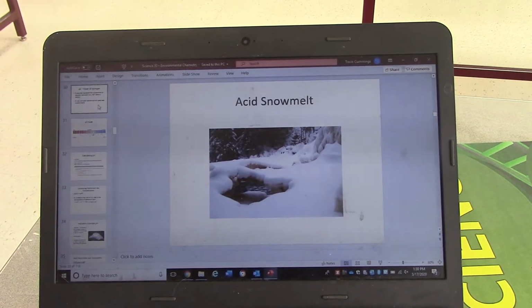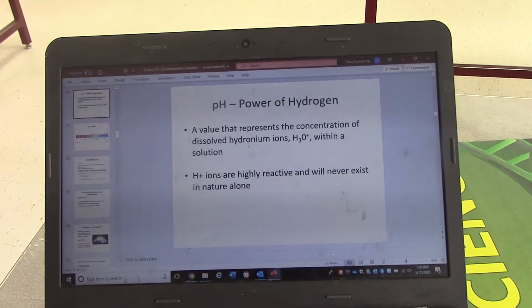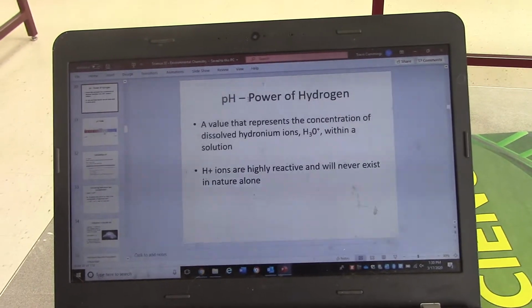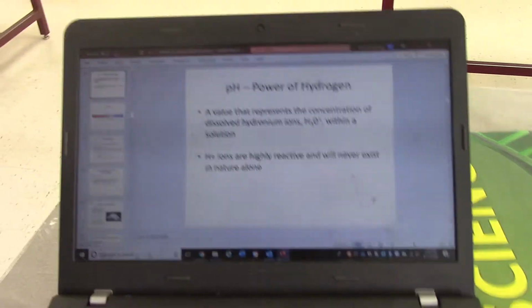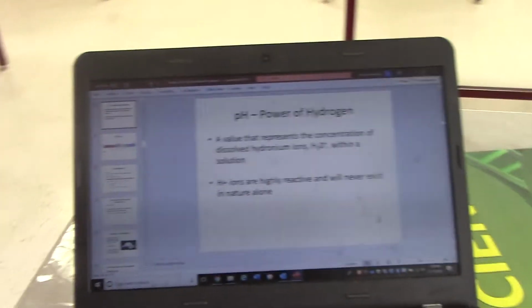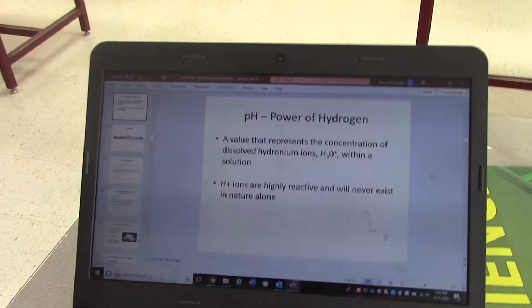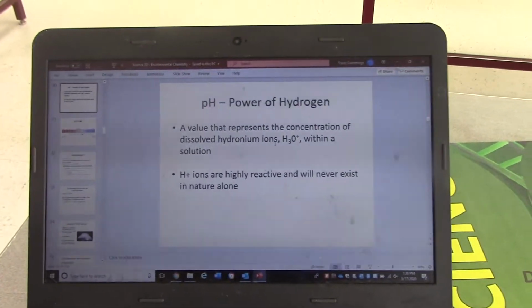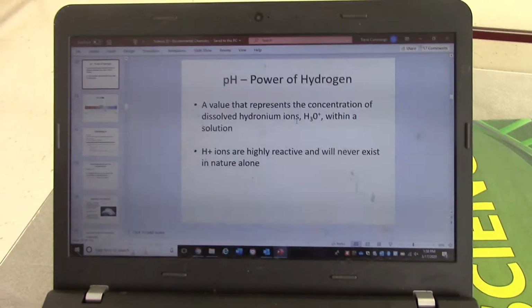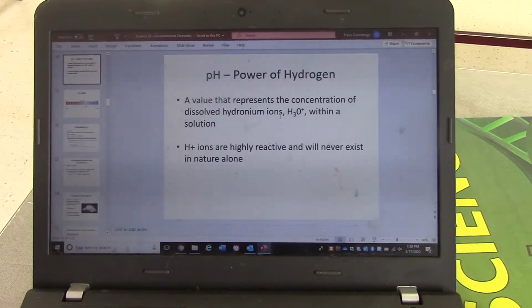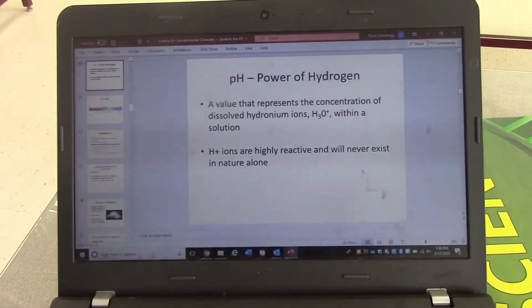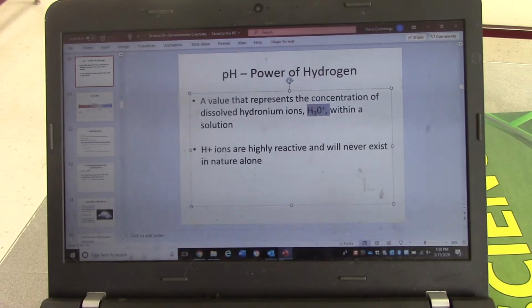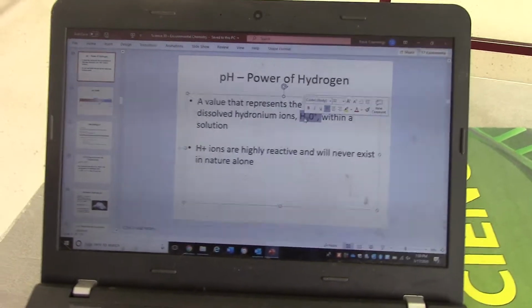pH stands for the power of hydronium. We've typically seen this as power of hydrogen, but really what happens in an aqueous solution, a solution dissolved in water where water is the solvent, is that an acid will combine with the water and make this molecule called hydronium, H3O+. We've talked about this a little bit in chemistry.